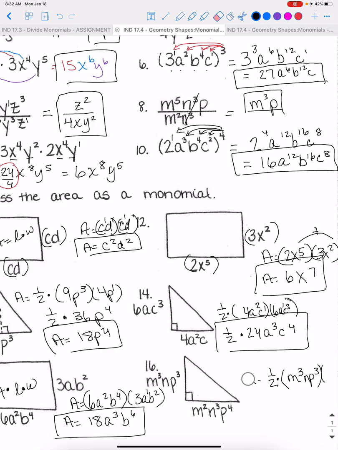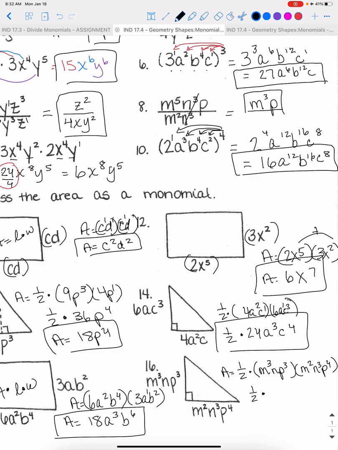That's just not going to fit in there. One half times m cubed n p cubed times m squared n cubed p4. Okay? Again, ignore that 1/2 to the end.